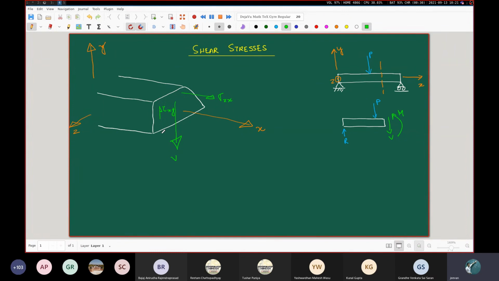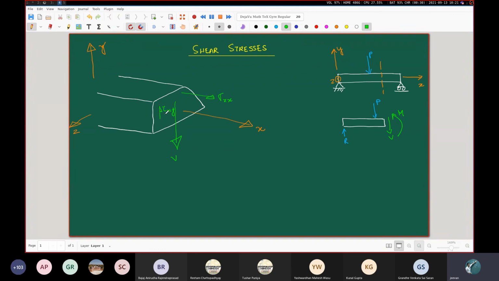Please, whenever you are encountering the shear stress, make it a point to note that the direction of the arrow in which we are depicting this is faithful to the positivity convention which we had agreed upon previously.